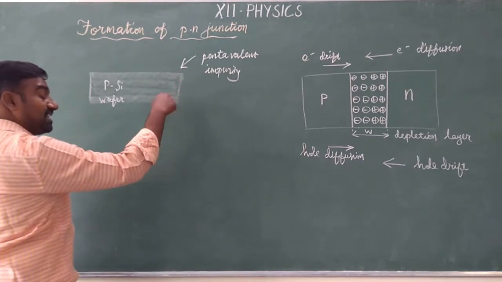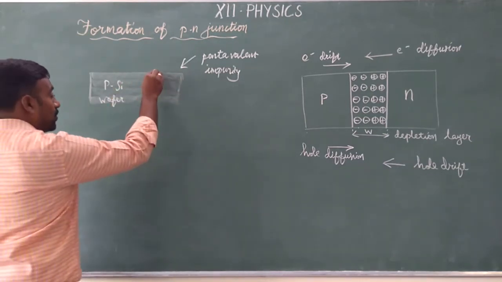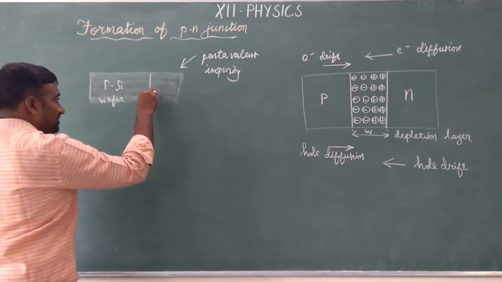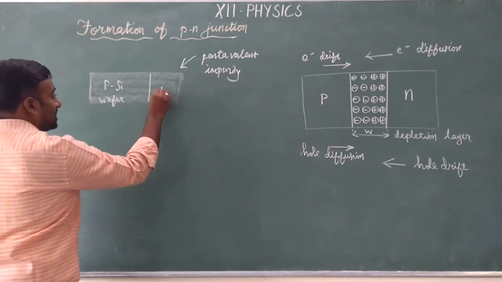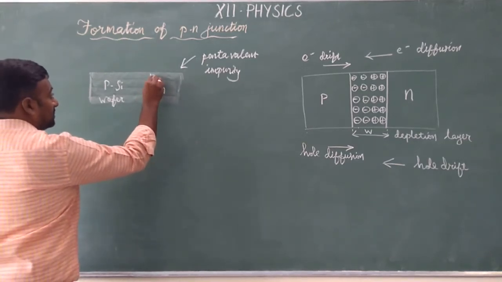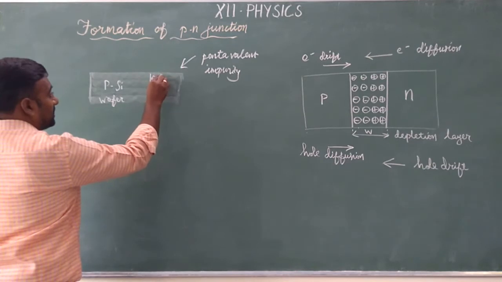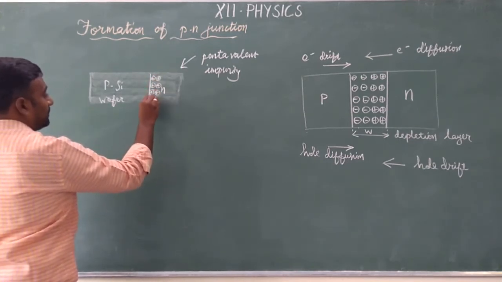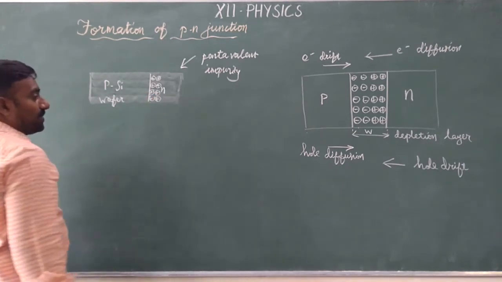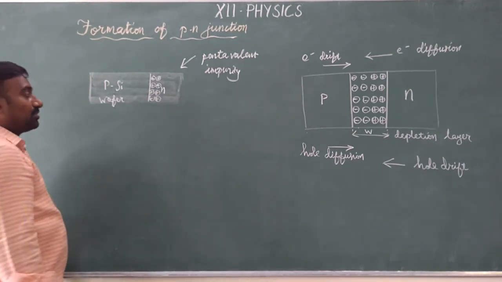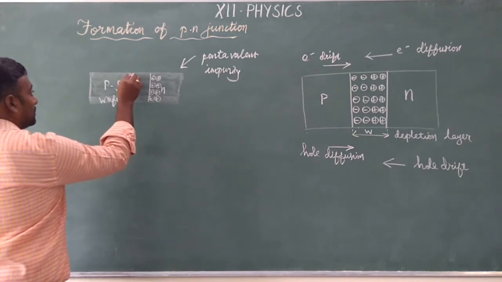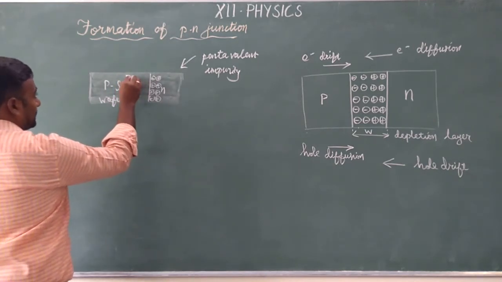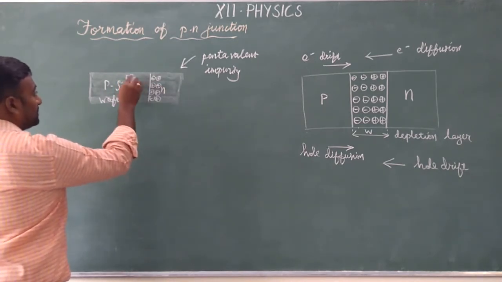Because pentavalent impurities have extra electrons, one side forms N-type, where electrons are more, and the other side has holes. So this is the donor atom side, and this is the acceptor atom side.